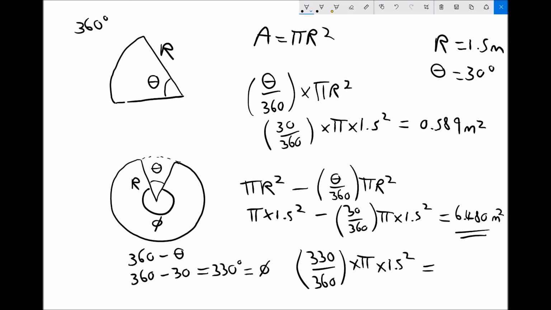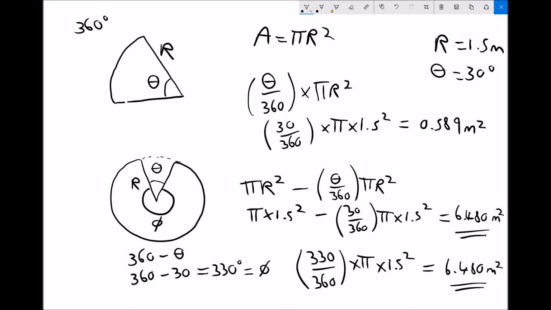When we do 330 over 360 in our calculators, we get 11/12, or 0.916. So as a decimal, we've got 0.916 of that circle, times pi times 1.5 squared, gives us the area of that sector as 6.480. So the method is different, but the answer is the same.